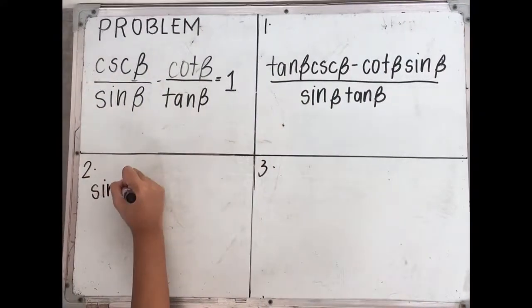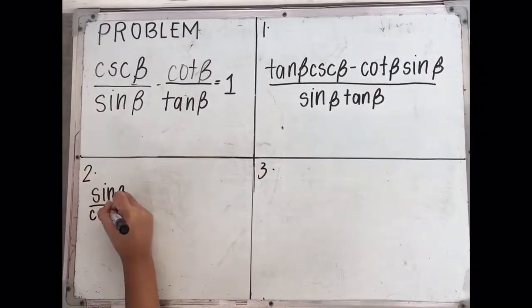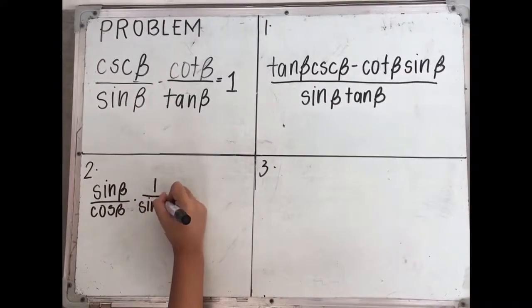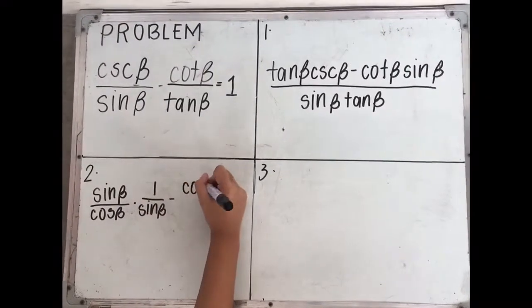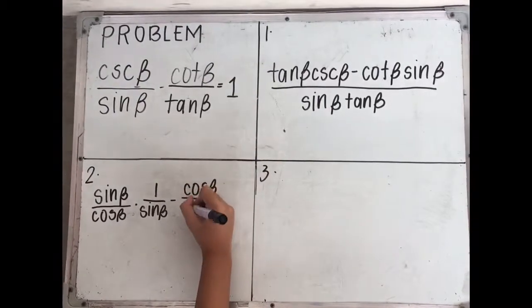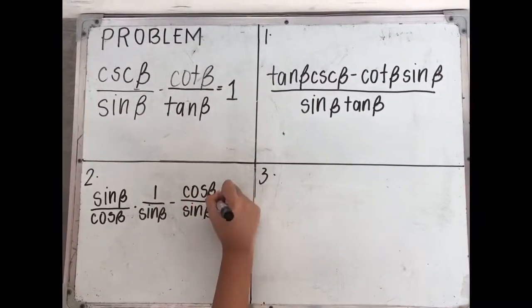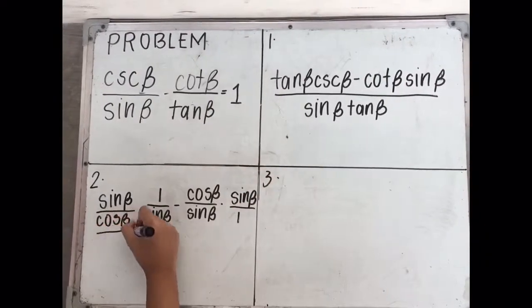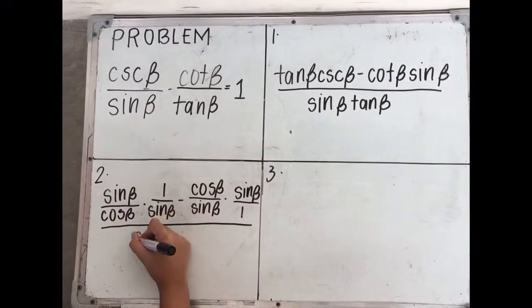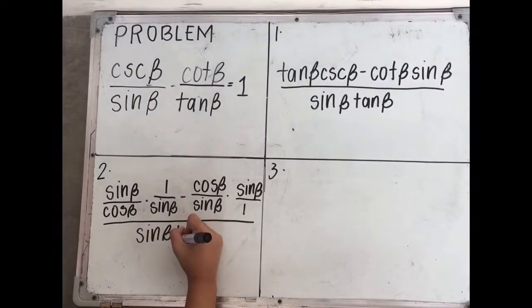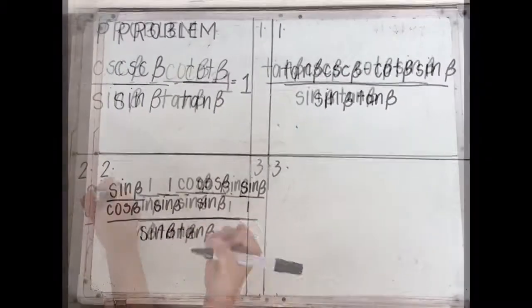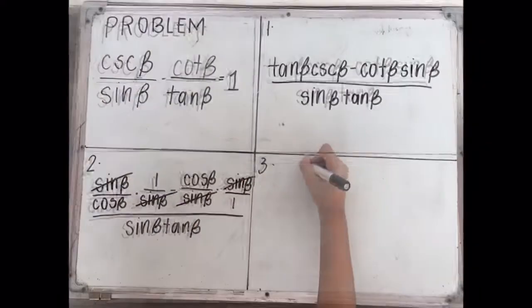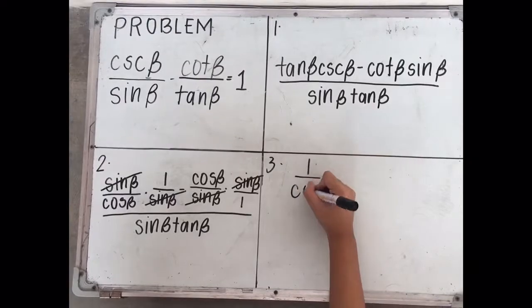So for the second is sine beta over cosine beta times 1 over sine beta minus cosine beta over sine beta times sine beta over 1 over sine beta plus tangent beta. So cancel all the sine since it has all the same value.